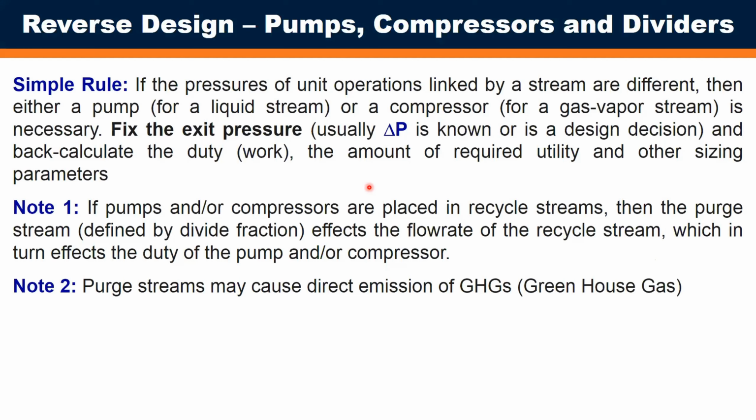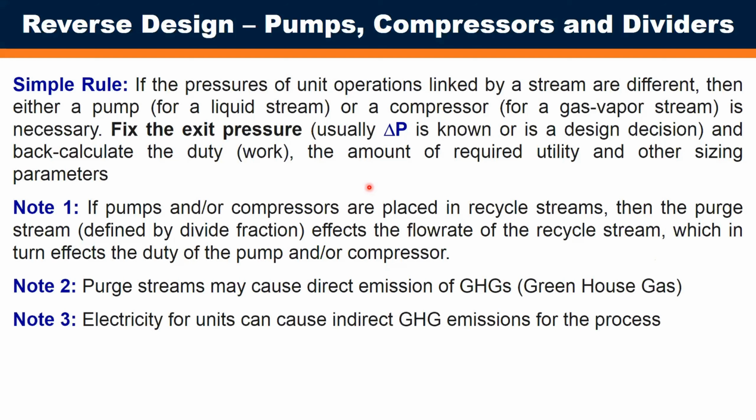There may have to be mitigation strategies put in place to handle that. And all these units, compressors, pumps, require electricity. And depending on the source of the electricity, that may also lead to greenhouse gas emissions for the process that need to be accounted for when you're doing your sustainability assessment.